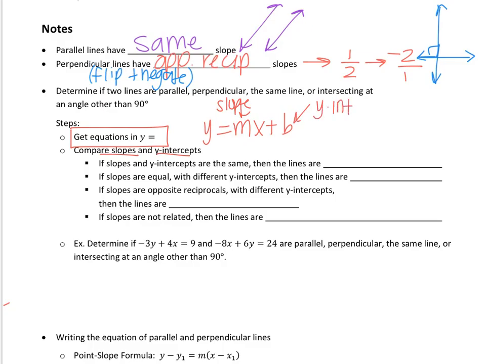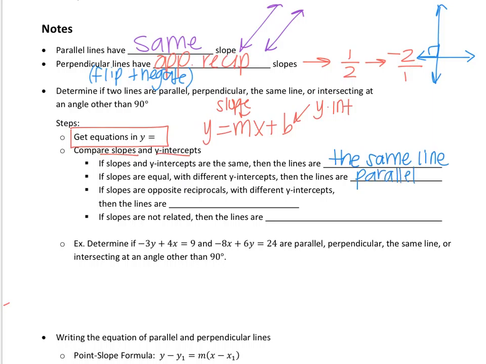So if the slopes and the y-intercepts are exactly the same, that means the lines are the same line, or the equations are the same line. The next one says if slopes are equal but different y-intercepts, this is when we have parallel lines.